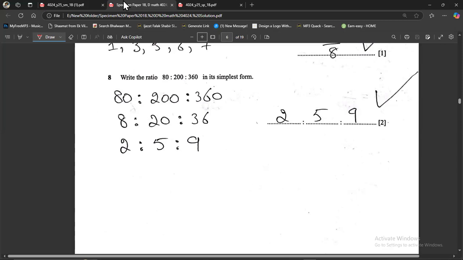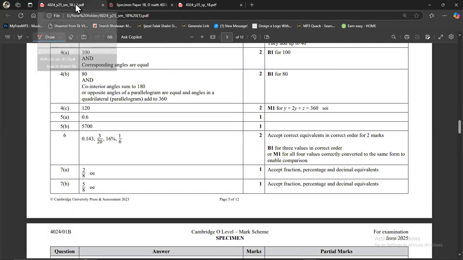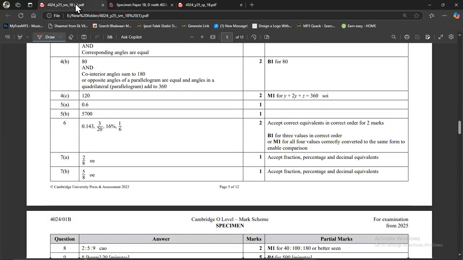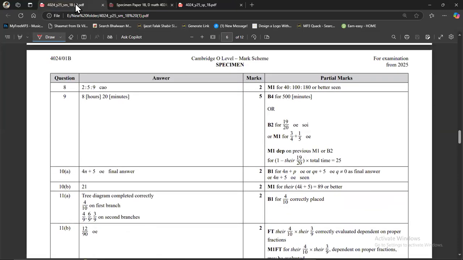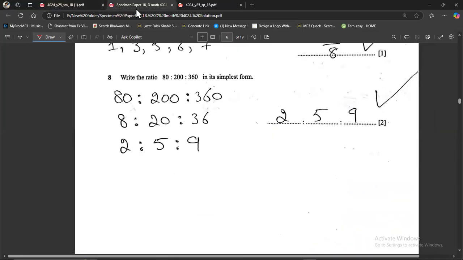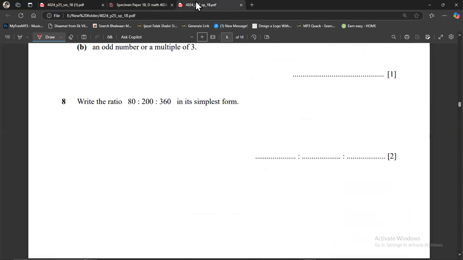So I'm left with 8 : 20 : 36. Now all 3 of them can be cancelled with the table of 4. So it will become 2 : 5 : 9. Now they cannot be cancelled with the same table. So 2 : 5 : 9. So I hope you understand.